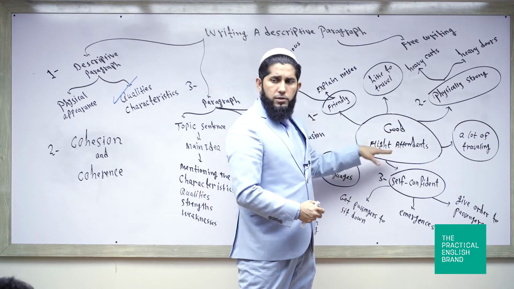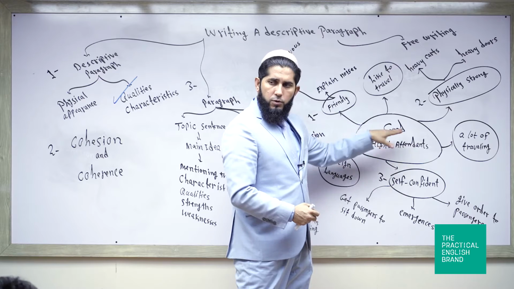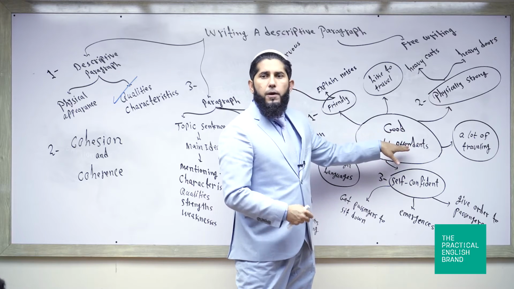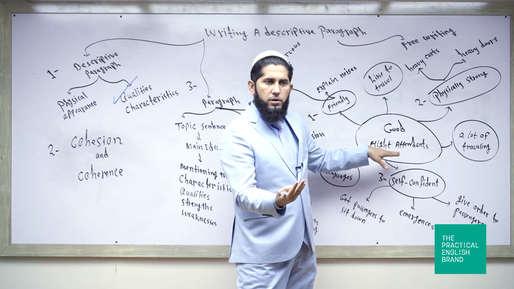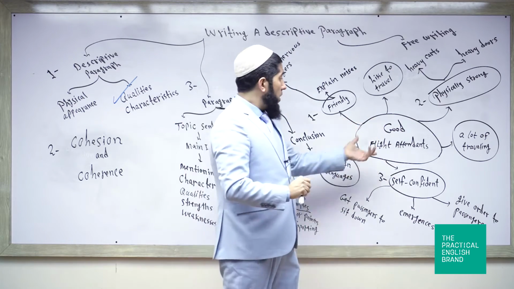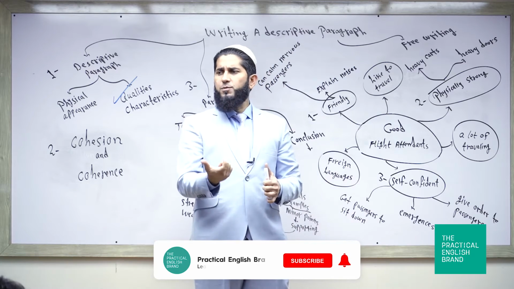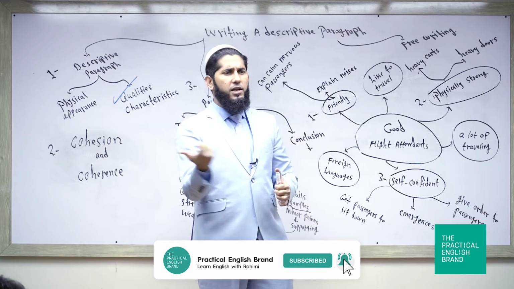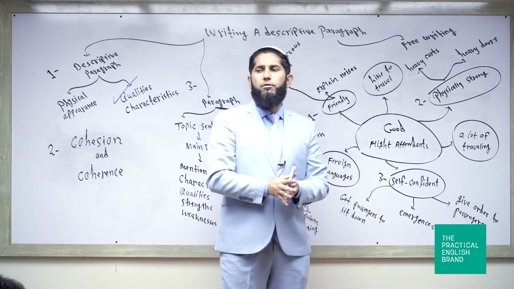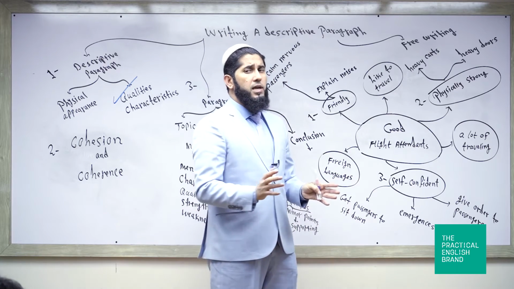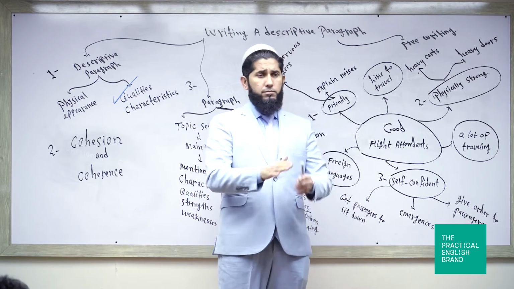So it could be good doctors, good teachers, good businessmen, good parents, good students, anything. For example, good hospitals, good universities, good English centers, whatever. You can talk about the qualities of an organization, or you can talk about the characteristics of people.